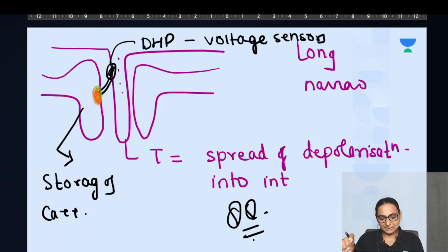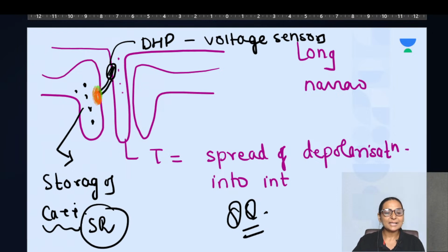In the skeletal muscles, when you consider the source of calcium, it is totally the calcium that is present in the sarcoplasmic reticulum, that is the L tubules or the cisterns. They are not at all depending upon the calcium which is coming from the ECF.